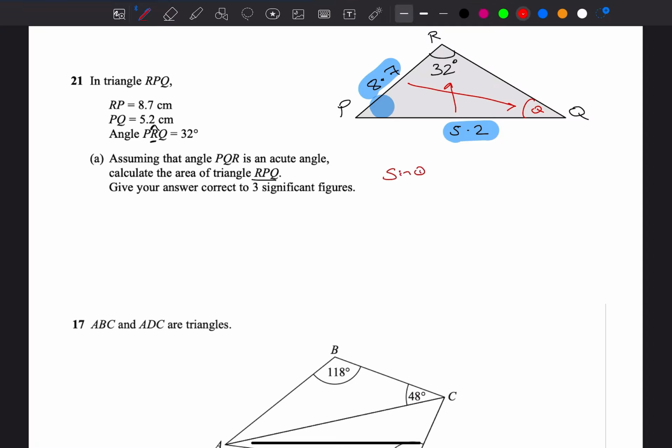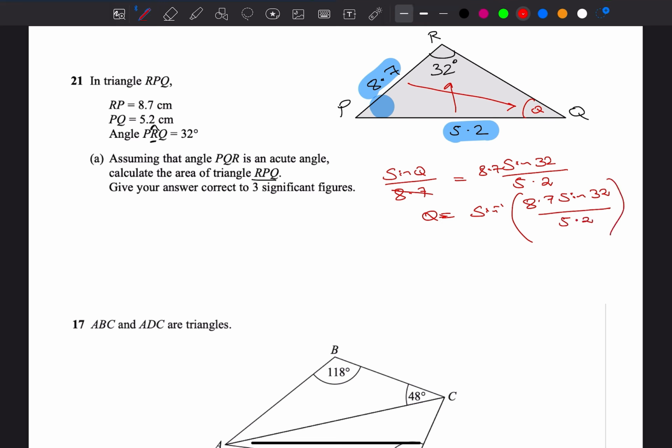So it's sine Q over 8.7 equals sine 32 over 5.2. 8.7 comes over here. Q is equal sine inverse of 8.7 sine 32 over 5.2, which makes 62.4.